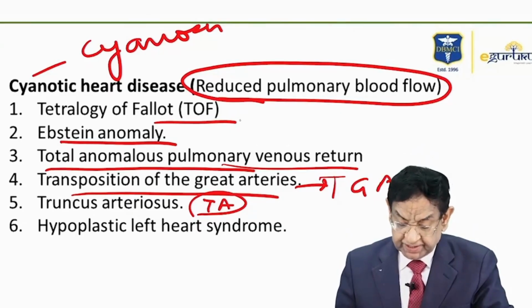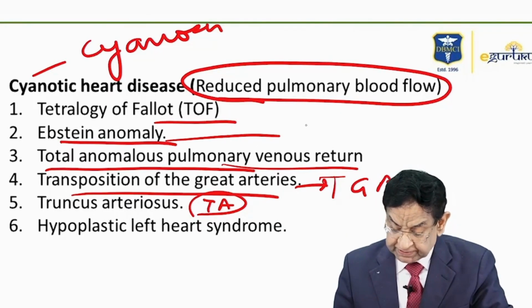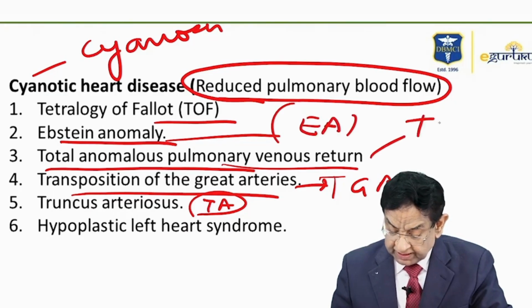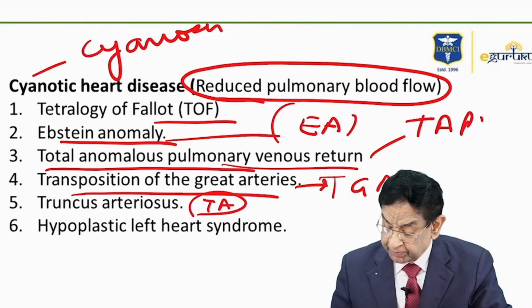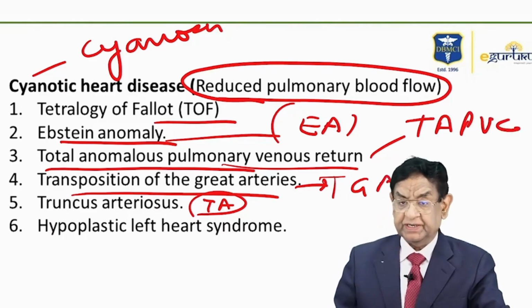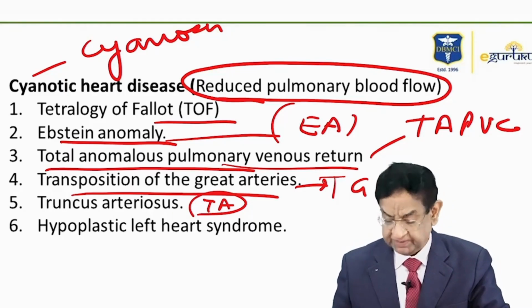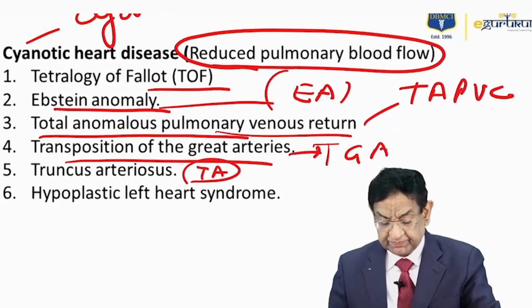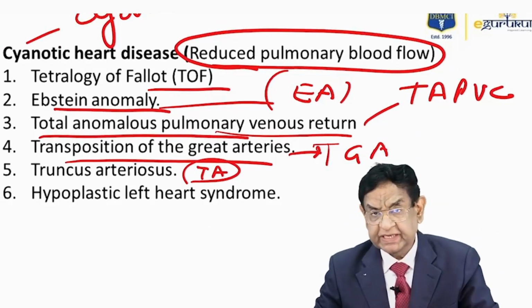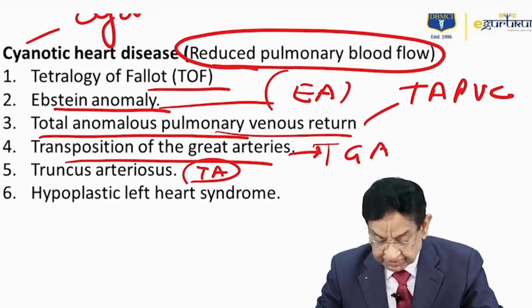So we have tetralogy, Ebstein anomaly, total anomalous pulmonary venous connection or return. Normally they write it as TAPVC, the short form that we talk about. All these have cyanosis.